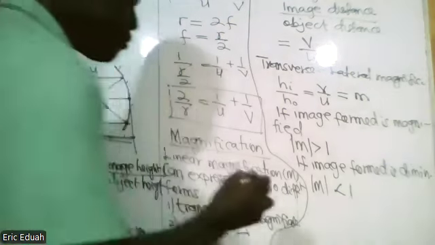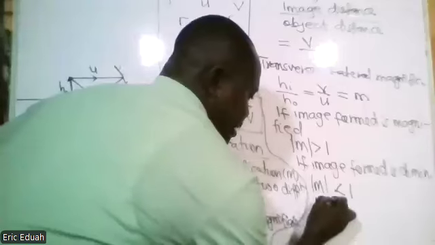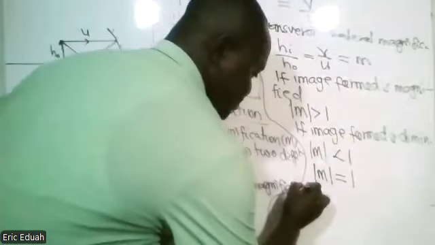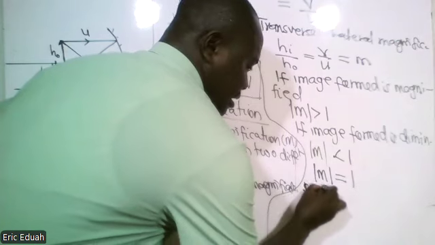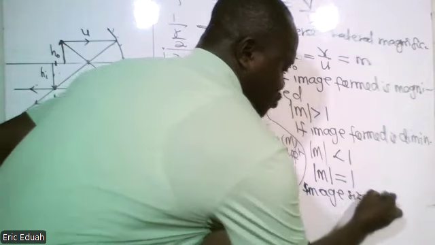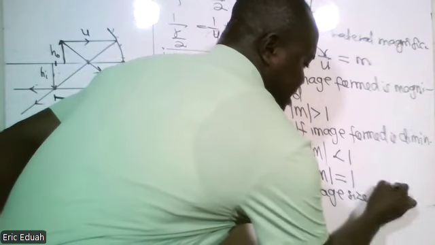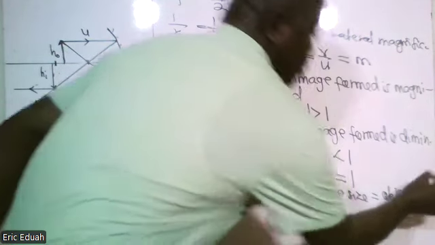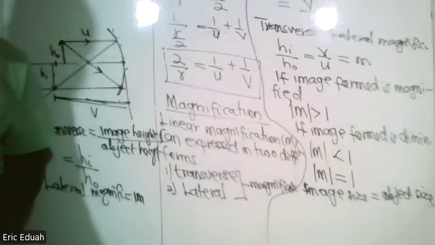Then if M is equal to 1, it means that the image size is equal to the object size. This is what we mean by magnification.